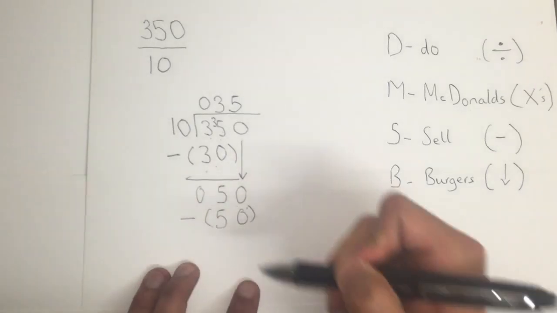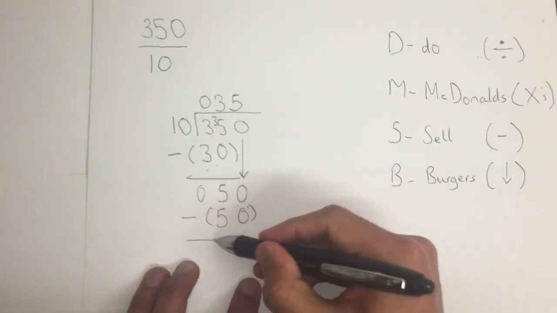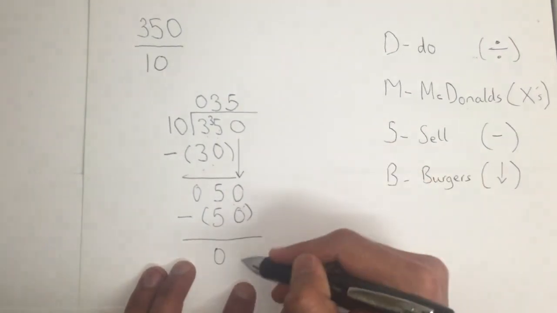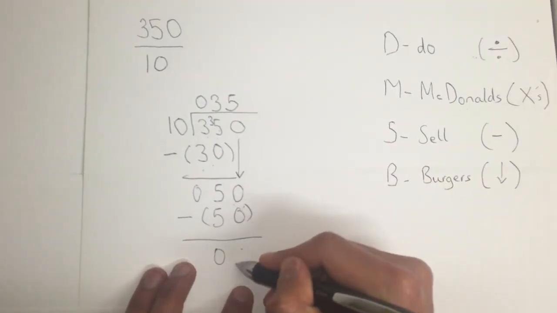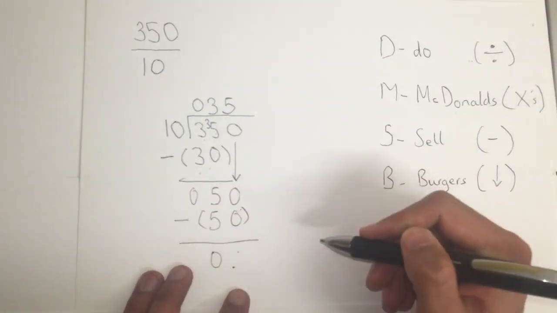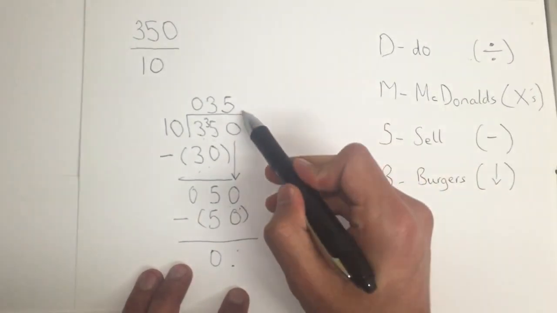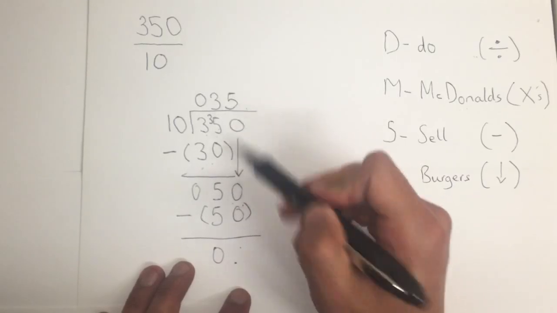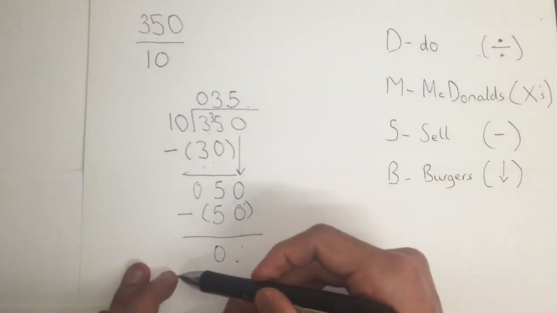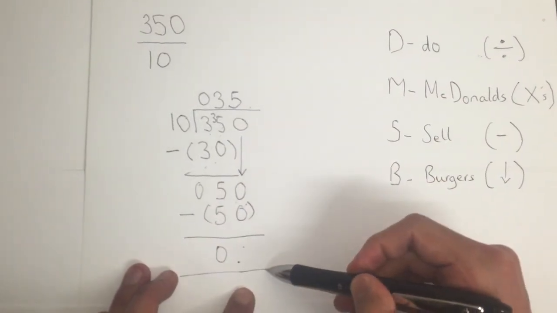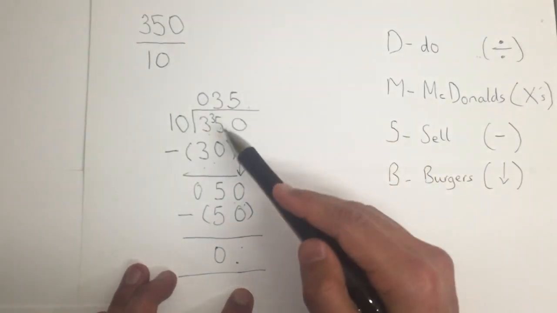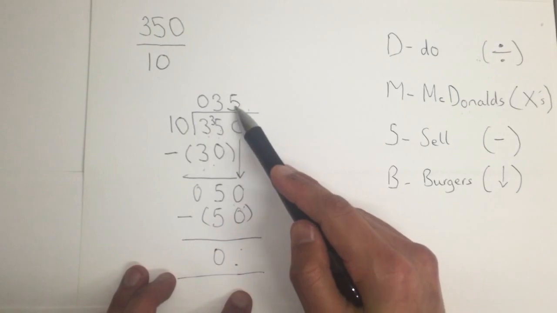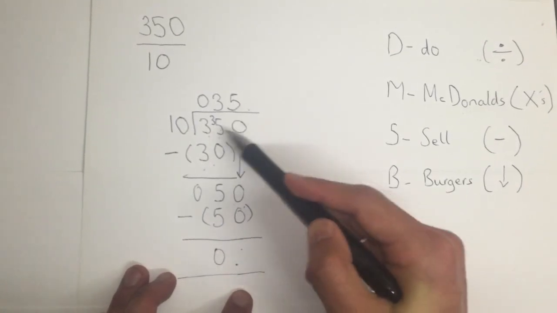Subtraction, 5 take away 5 is 0, and obviously 0 take away 0 is 0. So I'm just going to leave it as that. And the answer to this question, guys, is this part over here, which is at the top of your bus stop, 35. Because it ends in 0, we know that 350 divided by 10 is 35. 35 goes into 350 10 times.